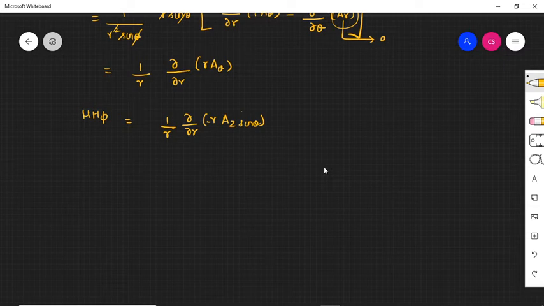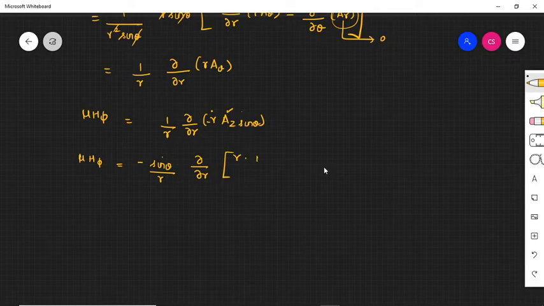So we can simplify these terms. This is differentiation with respect to r. So we can bring the other components forward. So I am going to write this as mu into H phi is equal to, I will bring this minus sine theta forward. So this is minus sine theta divided by r, dou by dou r of, we have this r as such because it is partial differentiation with respect to r, and we already found what is A_z, which is our vector magnetic potential.